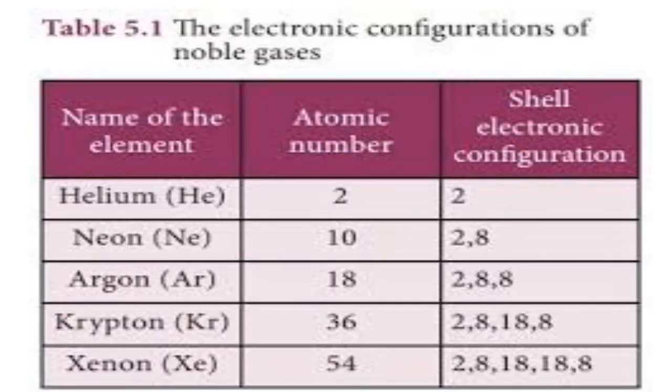So we see there is a group in the periodic table, the noble gases, or the 8th group. We see except helium, all of the noble gases have 8 electrons in their outermost shell or valence shell.